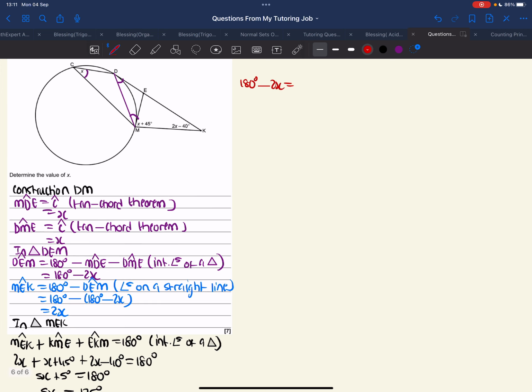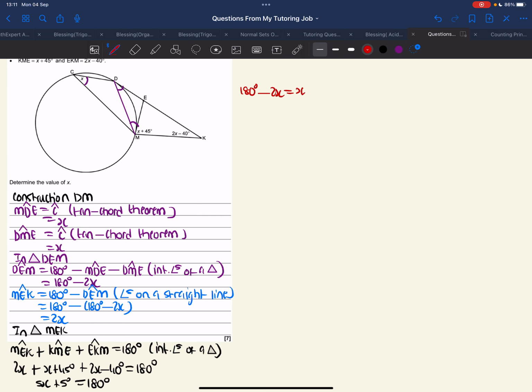So that would be equal to adding x plus 45 plus 2x minus 40 degrees, and the reason is exterior angle of a triangle.